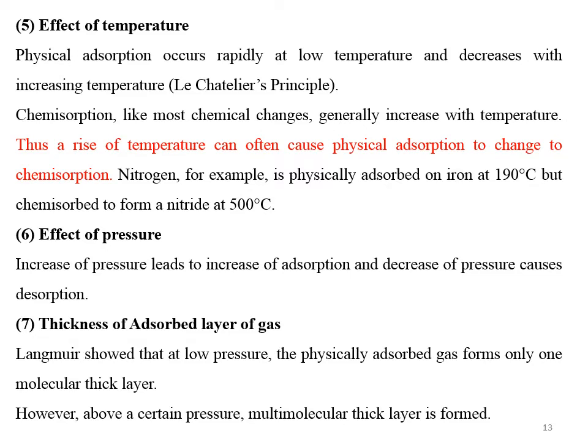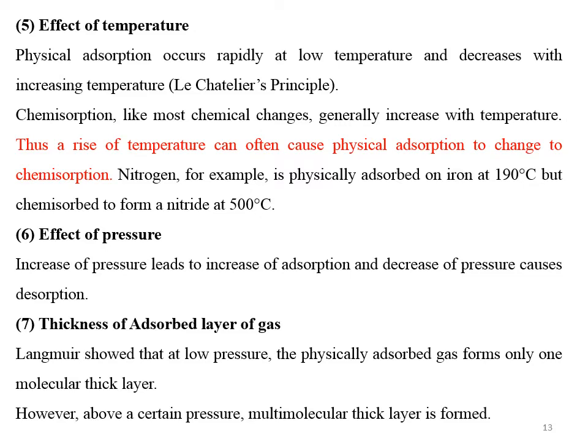And finally, the thickness of the adsorbed layer of gas is also a factor which affects the adsorption process. From a study of the isotherms relating the amount of gas adsorbed to the equilibrium pressure, Langmuir showed that at low pressure, the physically adsorbed gas forms only one molecular thick layer.